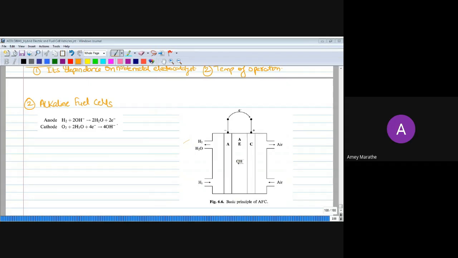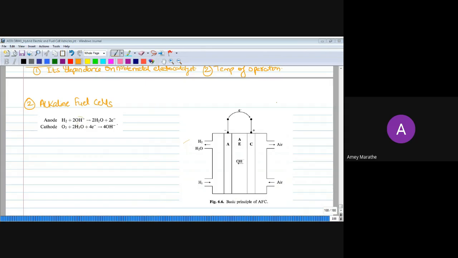The hydroxide ions are going to flow from cathode to anode, and at the anode, they are going to meet up with hydrogen, and you see the exhaust is at the anode side, which will give up two electrons. At the cathode, oxygen and water give rise to four hydroxide ions.